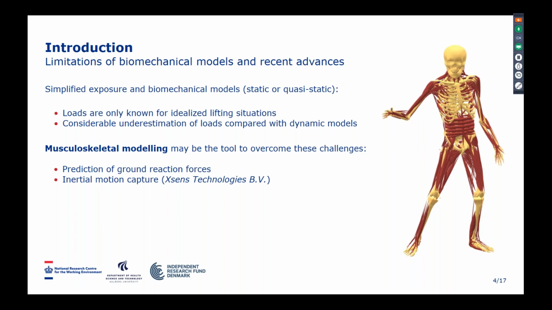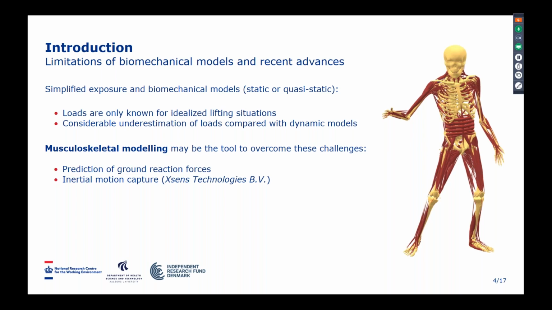And everybody who has made an experiment like this knows that usually this is done by force plates in a laboratory environment and using marker-based motion analysis, which in its current state is not feasible to apply outside laboratory environments.